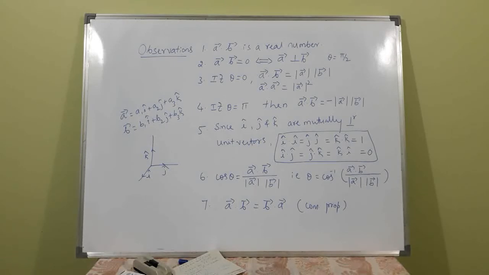Cos theta is A dot B by modulus of A into modulus of B. That means theta is cos inverse of that. See here, the angle between the vectors A and B is given by this formula. That is due to the definition only. A dot B is same as B dot A, that is, it satisfies the commutative property.